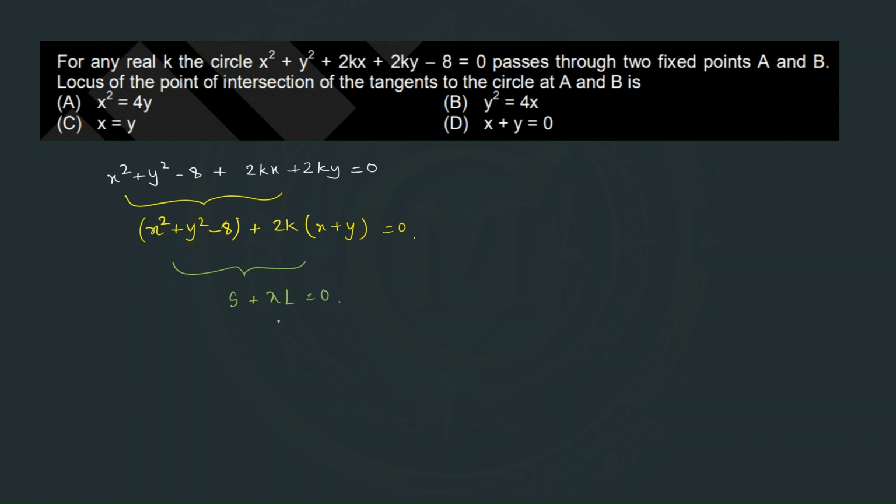Now why did we choose this form? Because we know that if a circle is like this, whose equation is S equal to 0, and there is a line intersecting it at 2 points, the equation of that line is L equal to 0, then the circle passing through the intersection of this line and circle is like this, and the equation of this circle is S plus lambda times L equal to 0, where this lambda is a variable parameter.